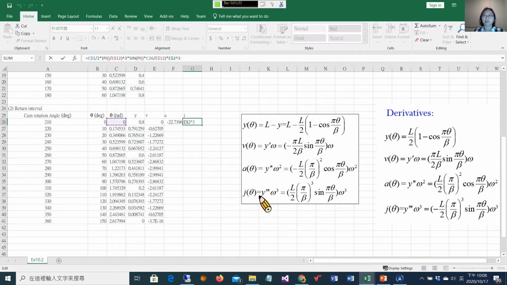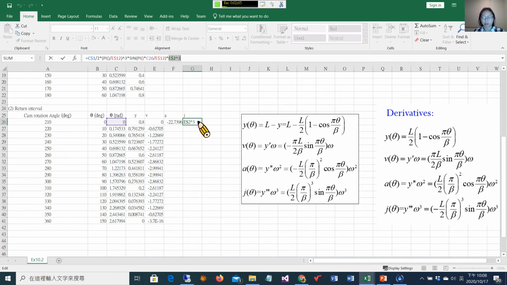The jerk is the third derivative times omega cubic. So here L over 2 is correct, and pi over beta cubic is correct, and the sine function pi theta over beta is correct, and omega cubic.